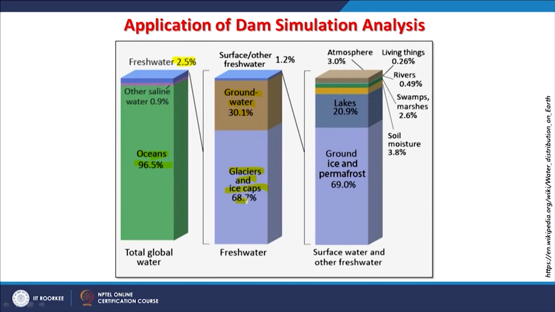Glaciers and ice caps hold about 68% or 69% of the total fresh water. And then, of the surface water, 1.2, this is how it is stored: lakes store about 21%, the ground ice and permafrost about 69%, and river water is just 0.49%. Because most of the water during monsoon time, say in India, goes as waste and does not stay in the river. But of course, this is the data for the world.